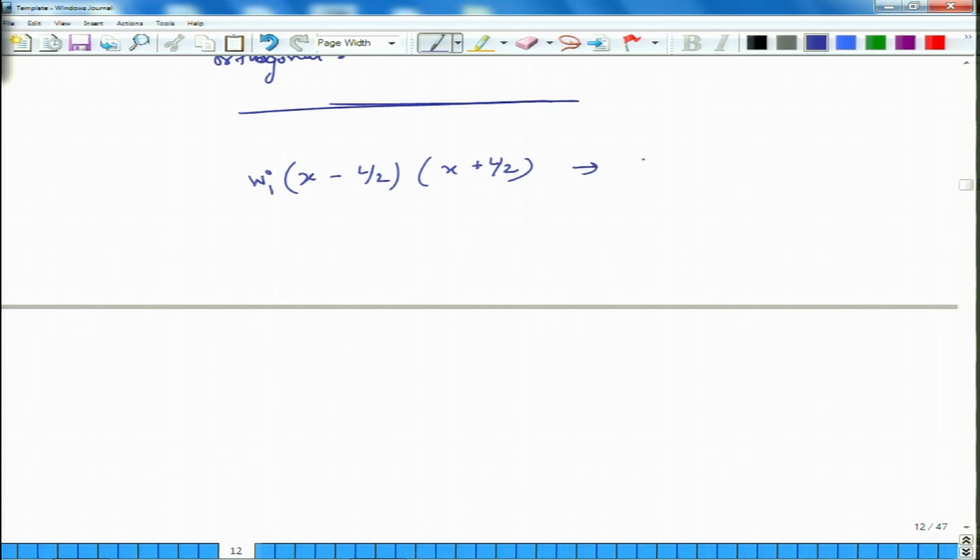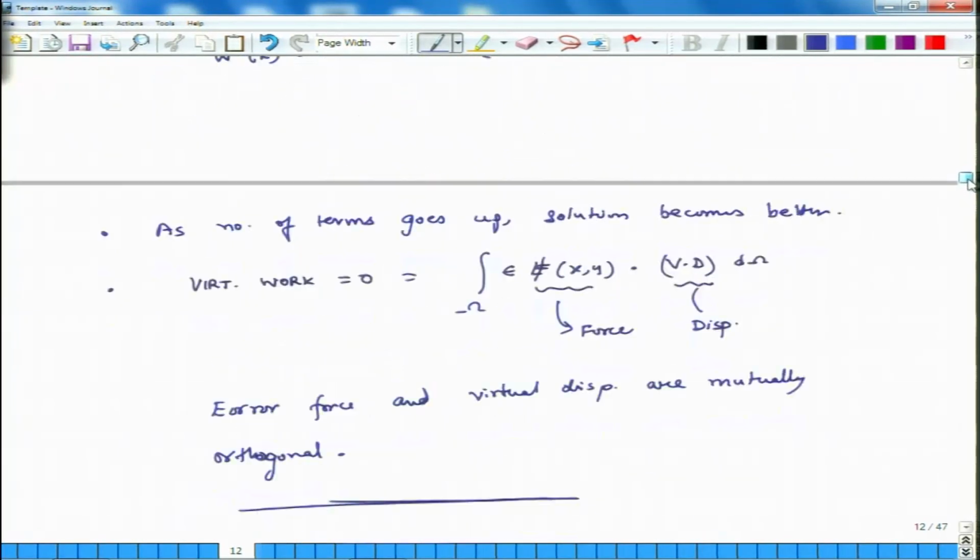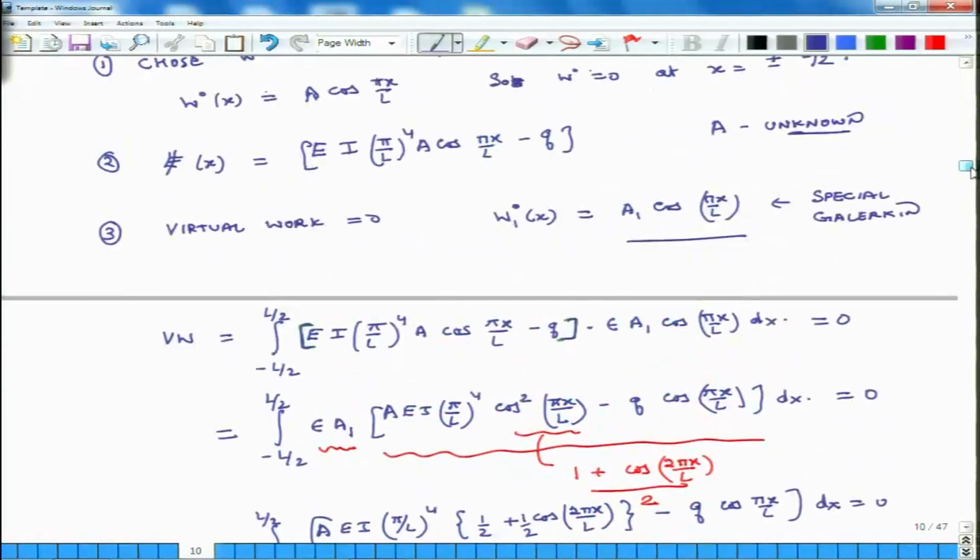This is another possible virtual displacement, because this also meets all our kinematic boundary conditions. But if I use this virtual displacement in this relation, then I would not use the special Galerkin method, I would use the general Galerkin method, okay?